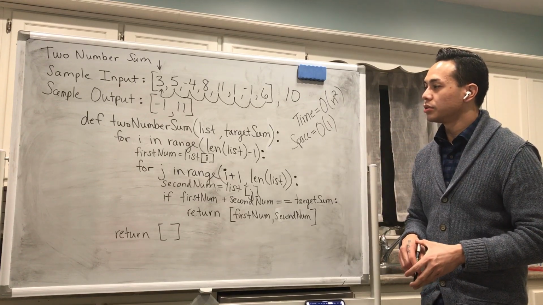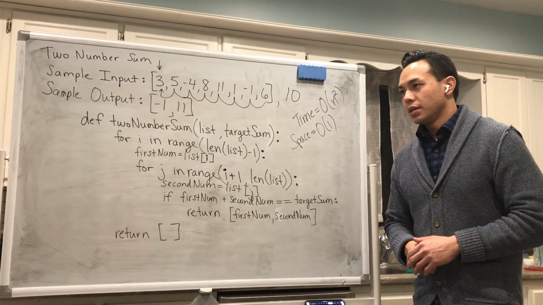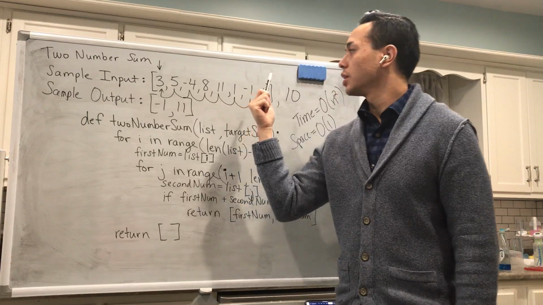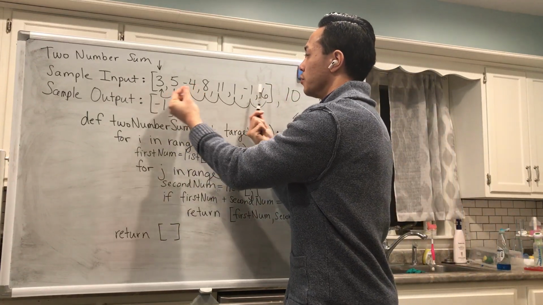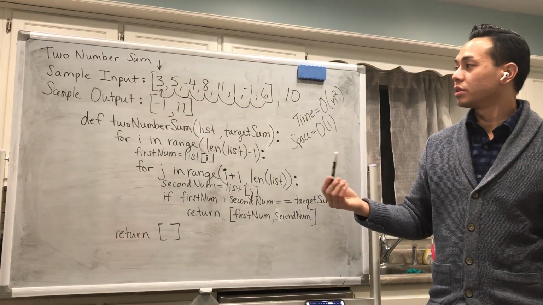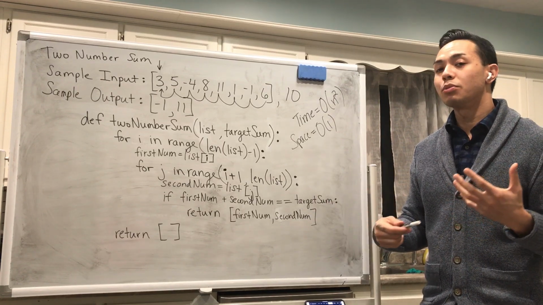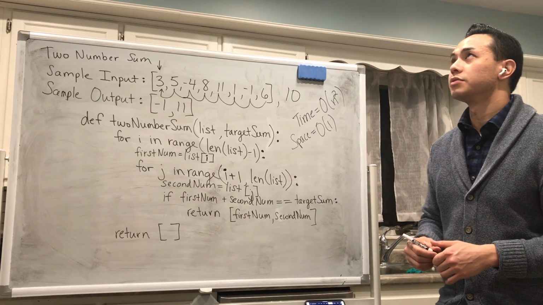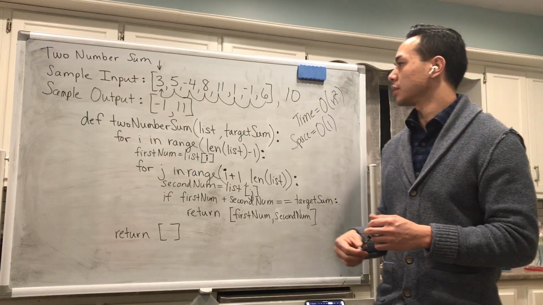In a situation where you value space, maybe you would look at an algorithm that sorts these numbers first and then uses pointers that slowly move inwards until they find a pair of numbers that add up to the sum. That would be more optimal than this brute force solution, but less optimal than the memoization solution, which would have O of n runtime complexity and O of n space complexity.